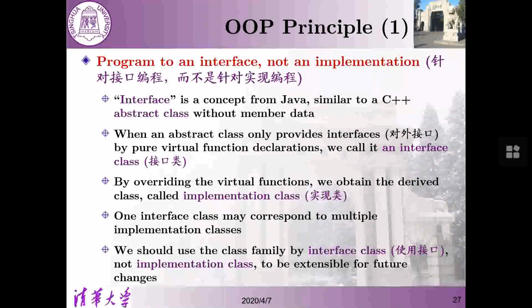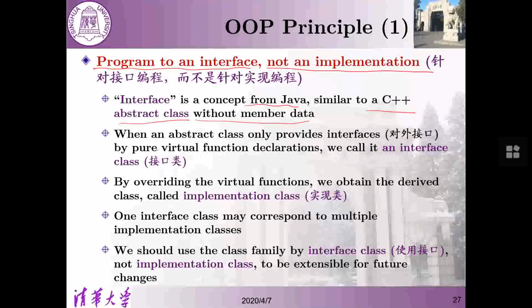Okay, then this is a very important OOP design principle. That is, program to an interface, not an implementation. An interface is a concept borrowed from the Java programming language. It is similar to a C++ abstract class without member data, because the abstract class, in this case, only provides the interface.